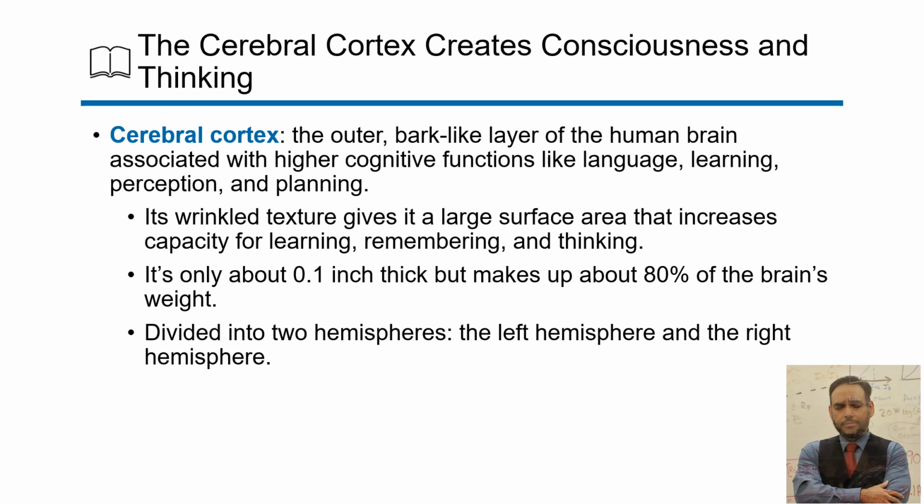All right, continuing with the cerebral cortex. We said it helps create consciousness and thinking. It's also referred to as gray matter, right? That's the cerebral cortex, responsible for those higher level brain functions: thinking, consciousness, decision making. When we talk about consciousness, this is your awareness of yourself and your environment.